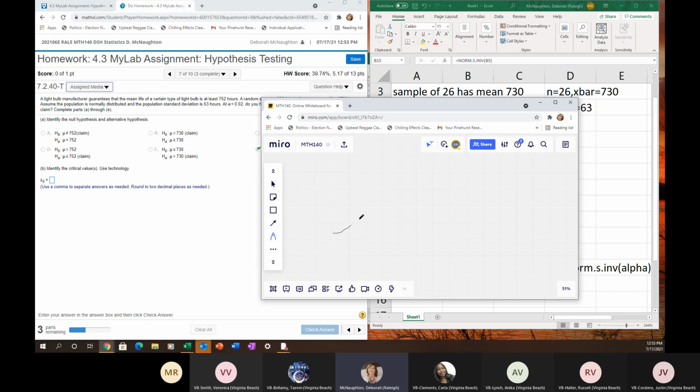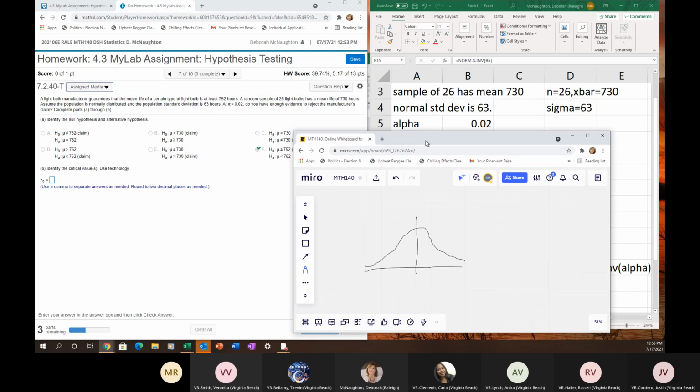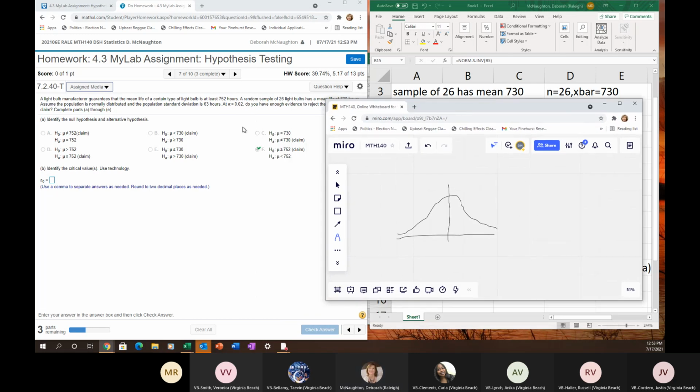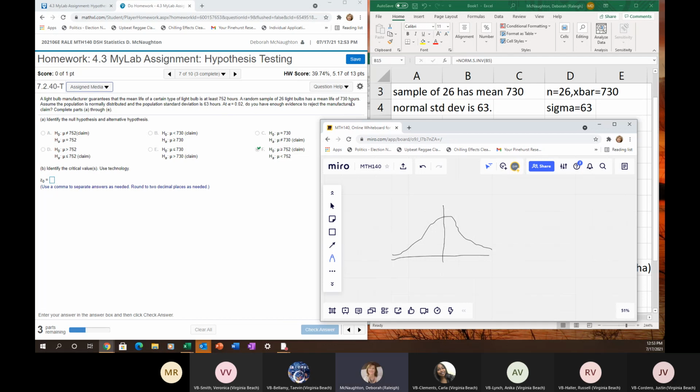So I just wanted to show you the reason it's a left-tailed test. Our mean was 730.